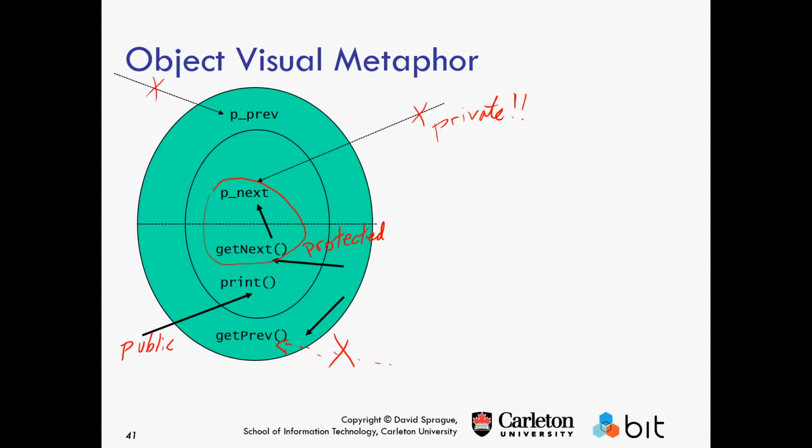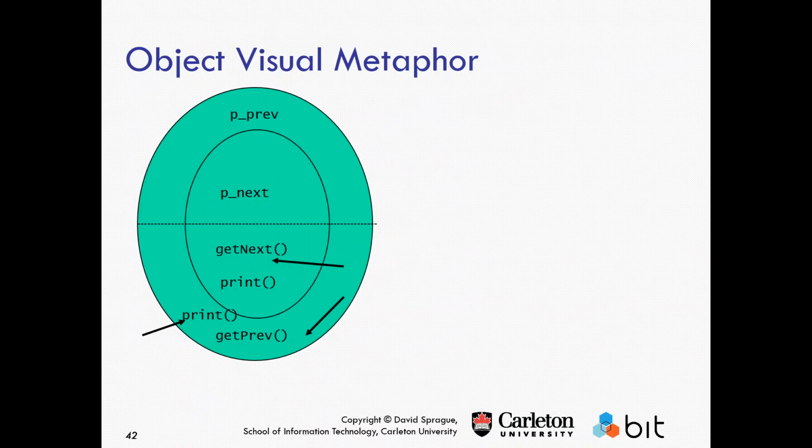Oh, but I wanted to point out one other thing. Here is public. What if I redefine print? That's where we're going to get to next. If I define print in DLL node, right out here, let's say, what's going to happen? So I have a definition of print here, a definition of print right here, and then outside in public, I call print. What's going to happen?